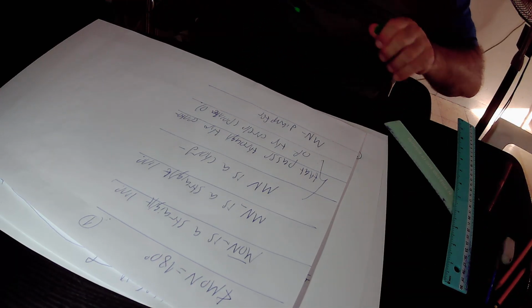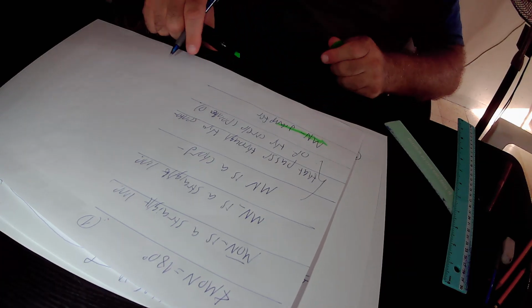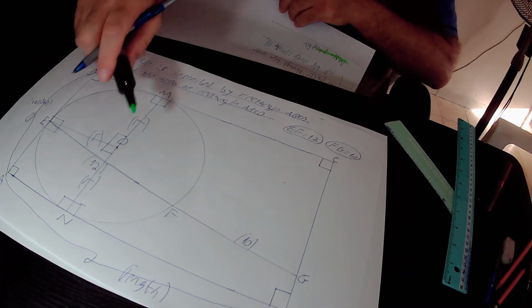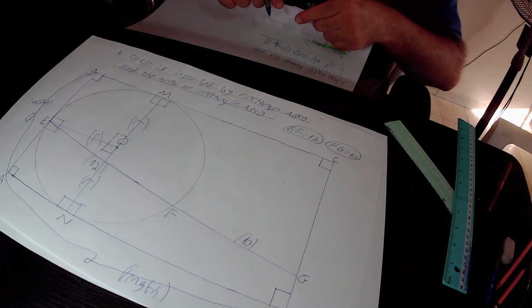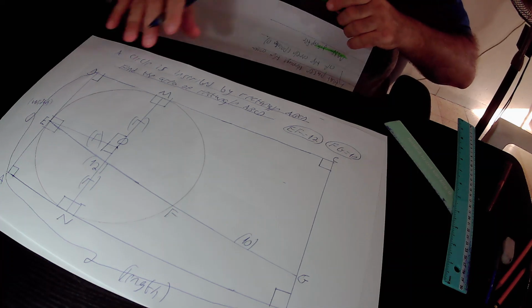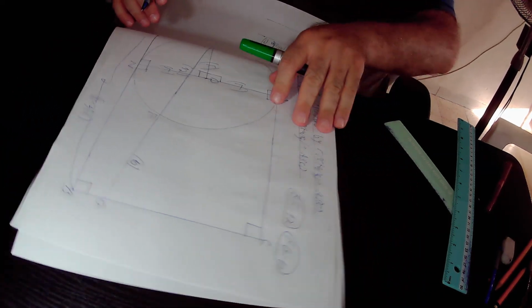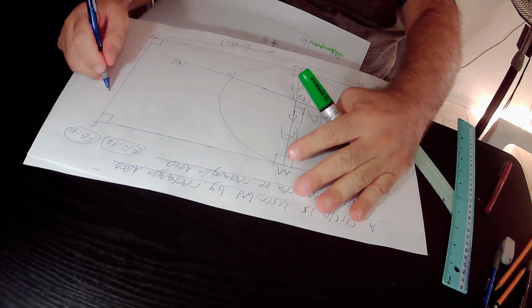So we should find out that MN is the diameter of the circle.